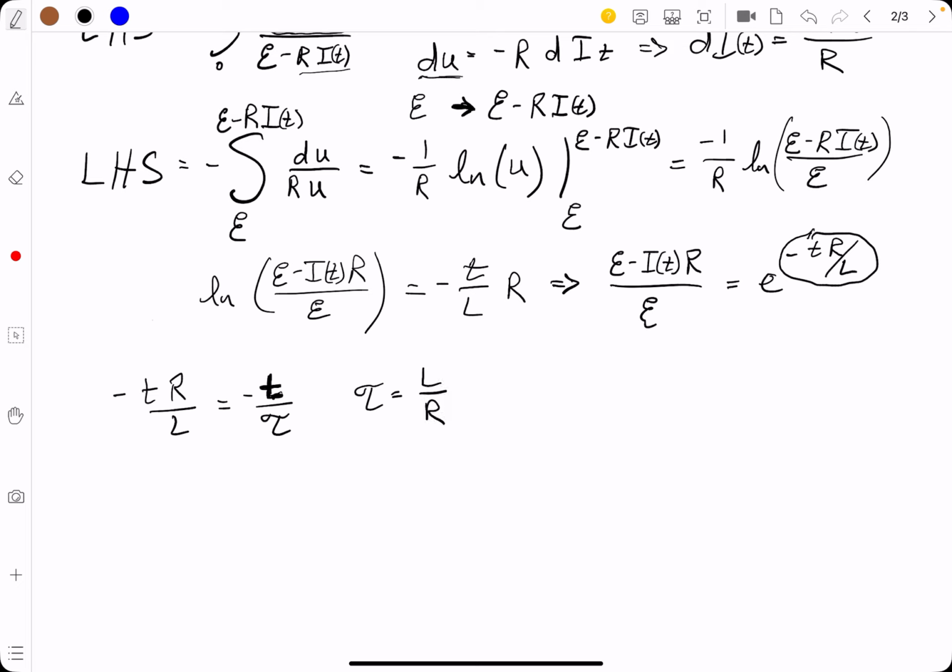All right? So we can then rewrite the whole thing. I'm going to just rewrite the whole equation because I'm not lazy.